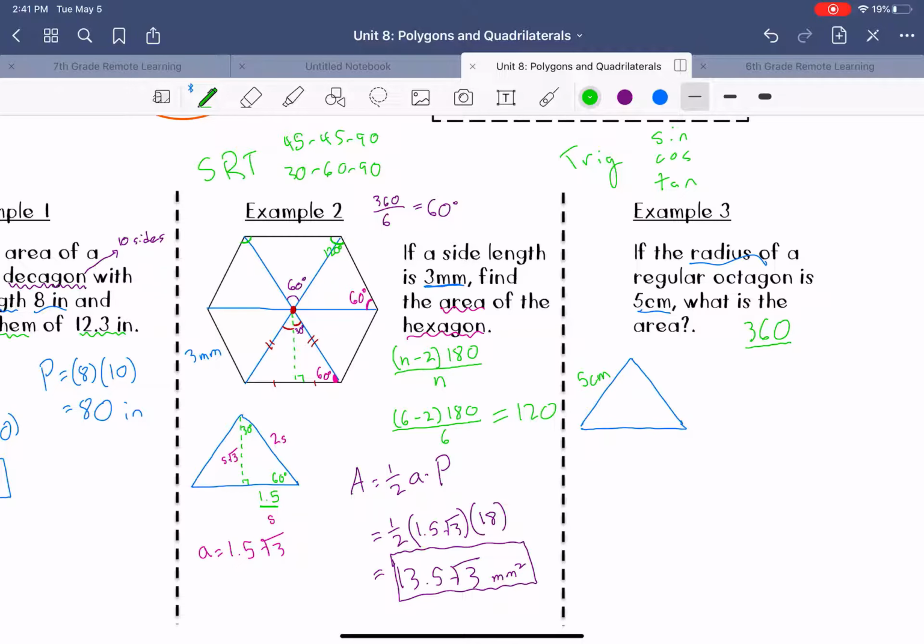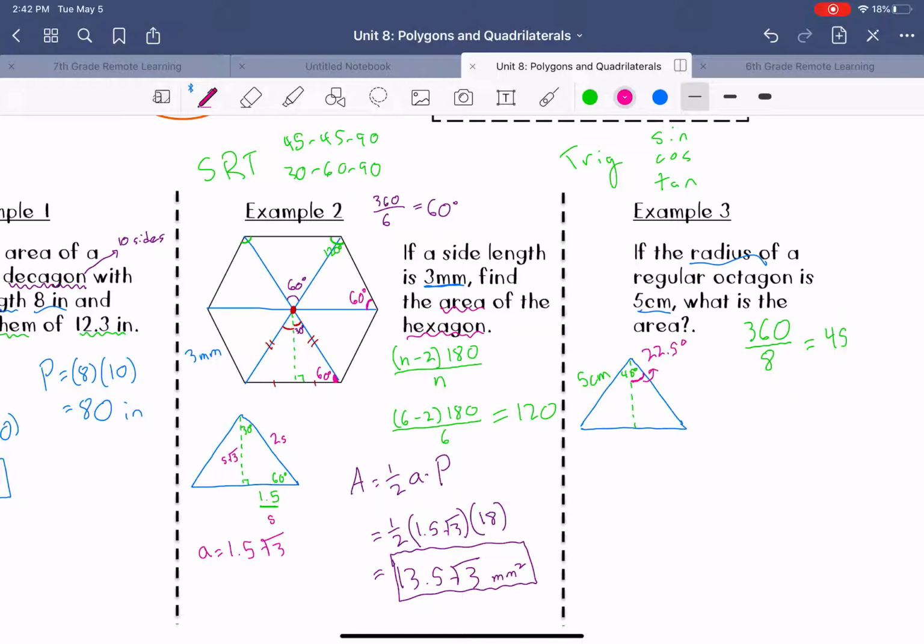I'm going to divide that by the number of central angles, which is 8, since it's an octagon. 360 divided by 8 is 45. So this angle right here is 45 degrees. Then when I draw my apothem, this new angle for my right triangle is going to be 22.5 degrees.